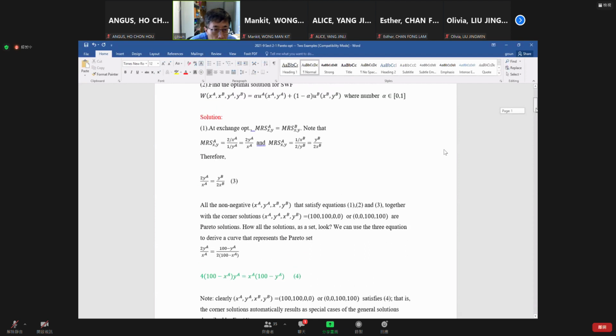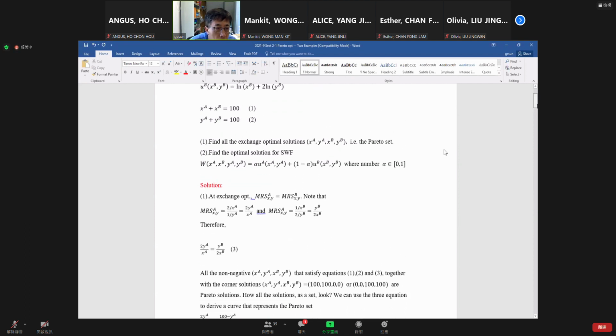Equation 1 is the constraint on the total quantity of x. This is the constraint on the total quantity of y. Equation 3 is the central condition, the most important condition. Equations 1 and 2 are just technical constraints. That's what we have, and we put the 3 equations together.